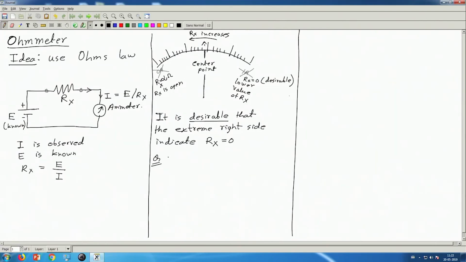That is, for what value of Rx will the pointer or indicator be at the center of the scale?